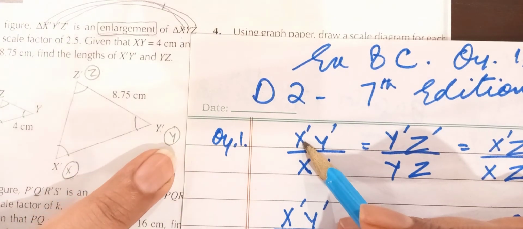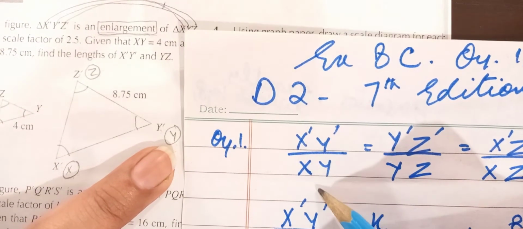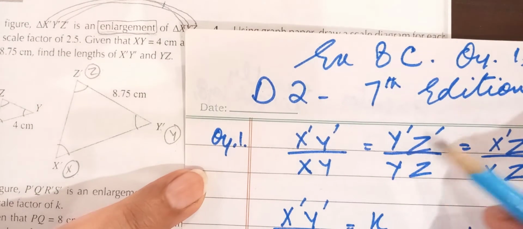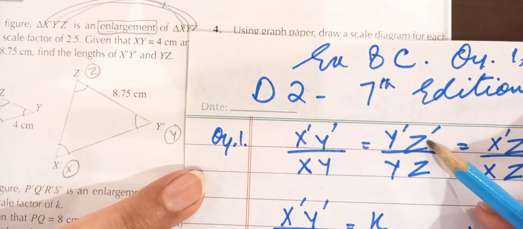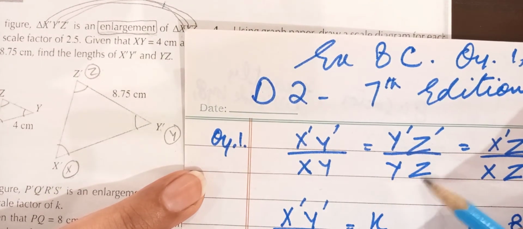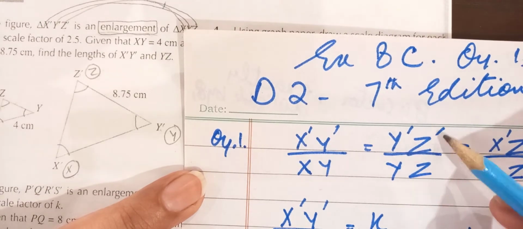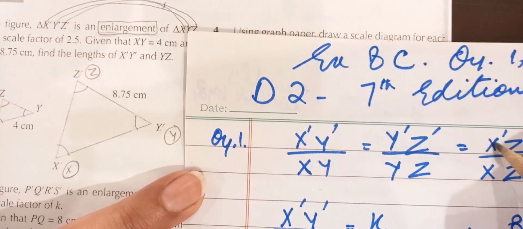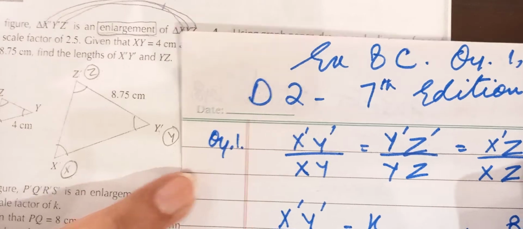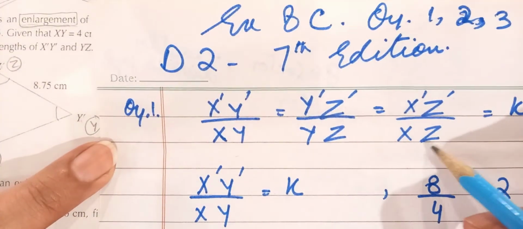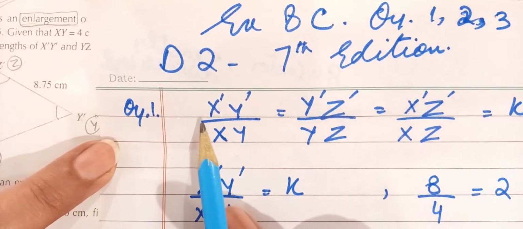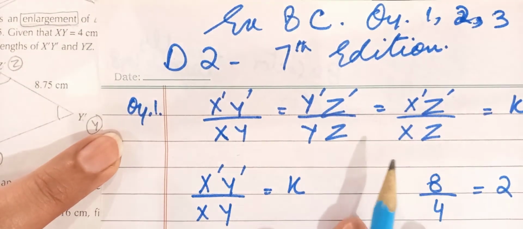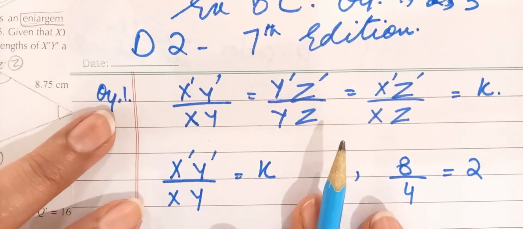We have already written it here, so I will write down xy underneath it. Then y dash z dash corresponds to yz, so I will put them in numerator and denominator, and x dash z dash in the numerator and xz in the denominator. Through this we establish the proportionals.